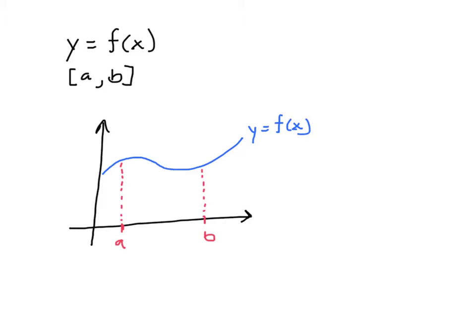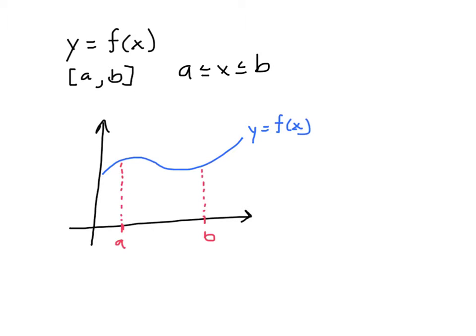We're going to begin by talking about a function, y equals f of x. And that function happens to be defined on a closed interval [a, b]. This picture here sort of demonstrates the piece of the function that we're talking about. a and b are values on the x-axis, and although I haven't explicitly stated it, this interval notation tells us that a is less than or equal to x is less than or equal to b.